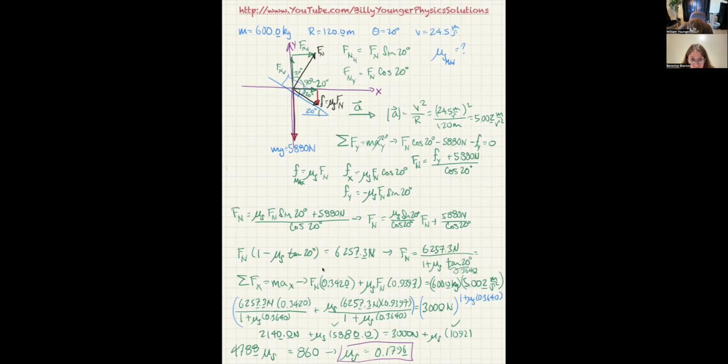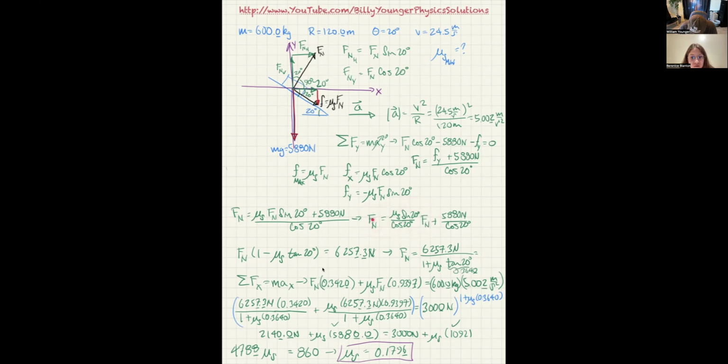Okay, so now I'm putting in the normal force. Oh, okay. Yeah, it was supposed to be one minus, because right here I subtracted this term on the right-hand side from both sides.